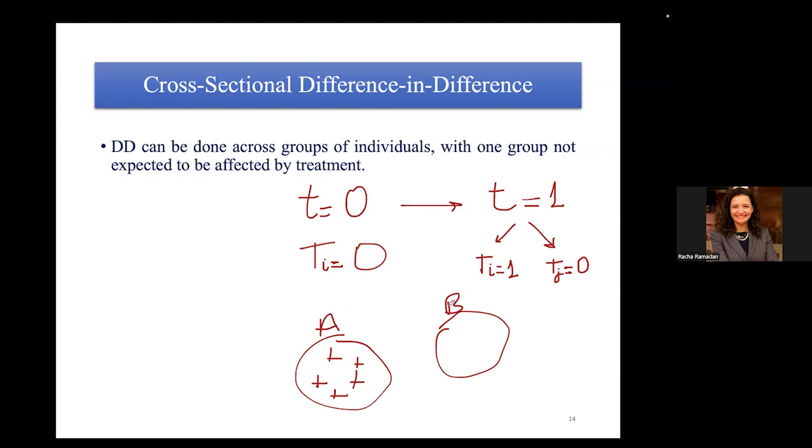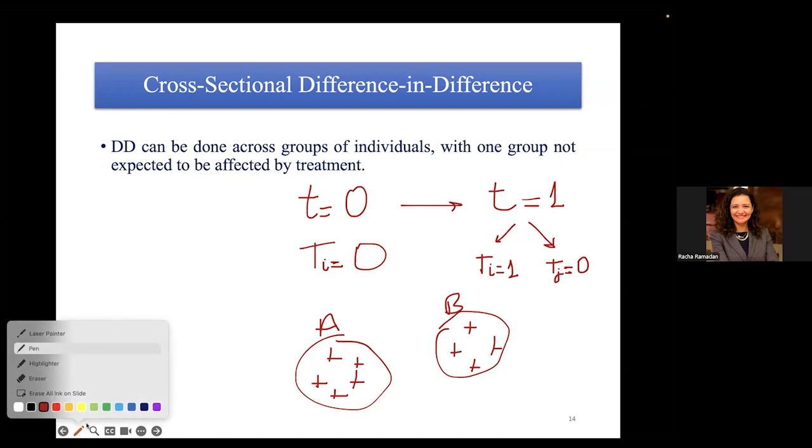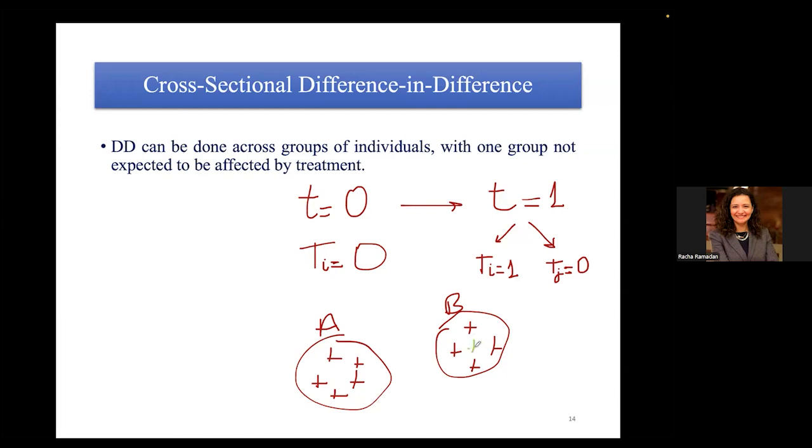And you have city B, where you have some individuals who did not benefit from the program, those with treatment equals 0, and you have others who will be benefiting from the program. So we'll be treating the cities as the time, and you will be treating the individuals within city B as benefiting from the program. And here, of course, you need to match to make sure that they have the same characteristics.